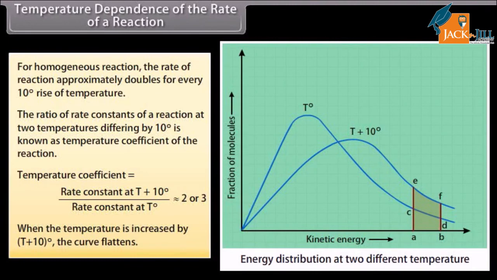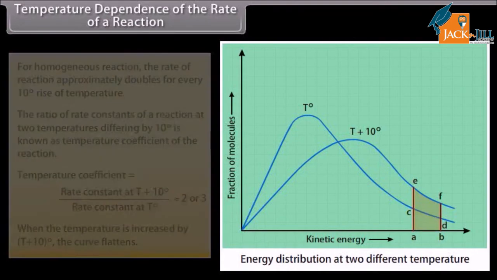When the temperature is increased by t plus 10 degrees, the curve flattens. Now the shaded area ABEF represents fraction of molecules having greater energy than threshold energy. The area ABEF is more than double the area ABCD.